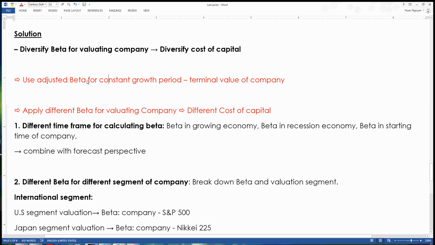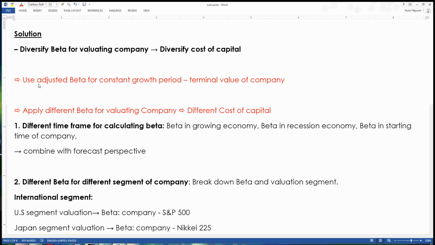So the first one, I want to say we should use the adjusted beta for the constant growth period. In other words, we should use the adjusted beta in calculating the terminal value of companies with the constant growth model.